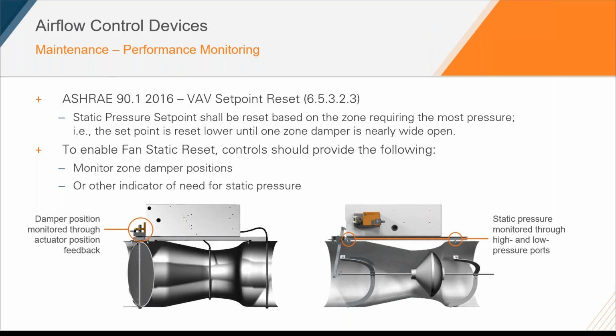So we're monitoring that zone damper position directly through the actuator position feedback. For a venturi valve, we're going to want to monitor the static pressure through the high and low pressure ports. So again, we can control the fan and still enable a fan static reset by monitoring the pressure for that venturi valve from that high and low pressure port.